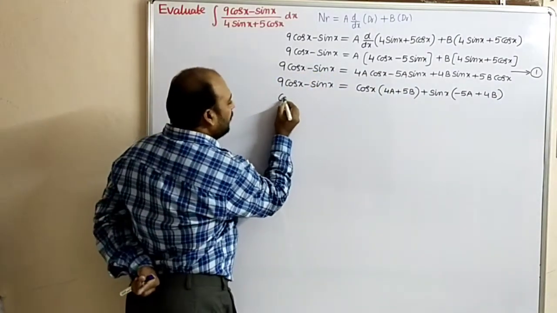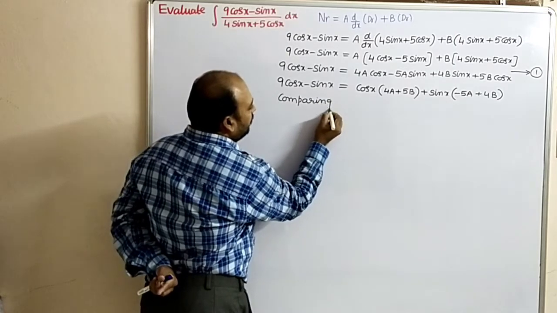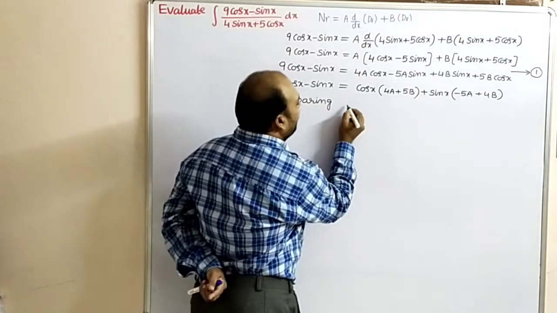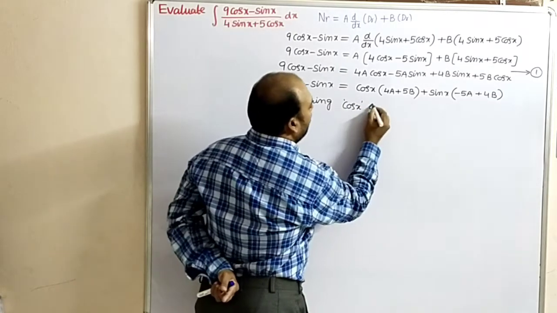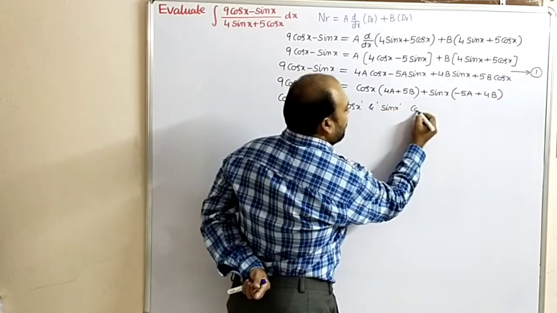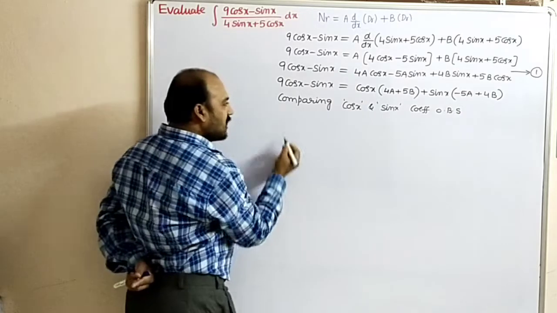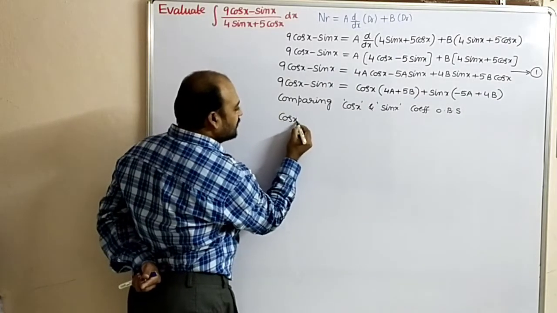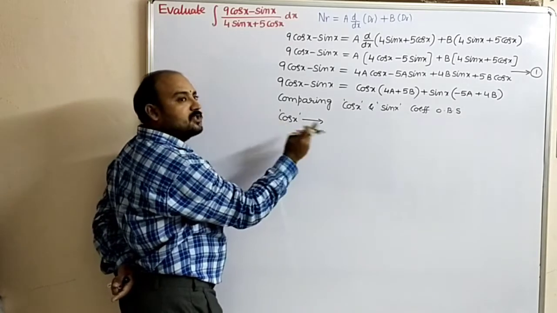Now comparing like coefficients, that means cos x and sin x coefficients on both sides. First I am comparing cos x coefficients. The arrow mark means we are comparing cos x coefficients on both sides.